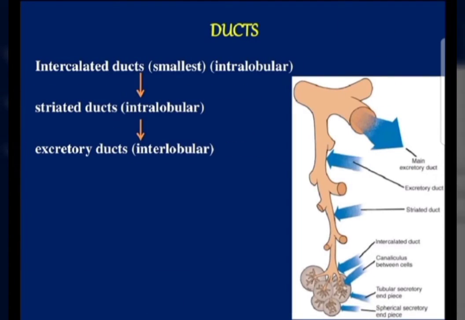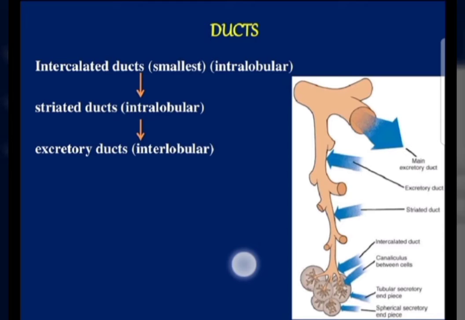Let's talk about the ducts: intercalated ducts, the striated ducts and the excretory ducts. Intercalated ducts are the smallest ducts. They are known as the intralobular because they are present in the lobule. Here, I must tell you that these tubuloalveolar glands are surrounded by the connective tissue capsule, and these connective tissue capsules send septa or trabeculae inside to divide the gland into smaller compartments, which are the lobes and lobules.